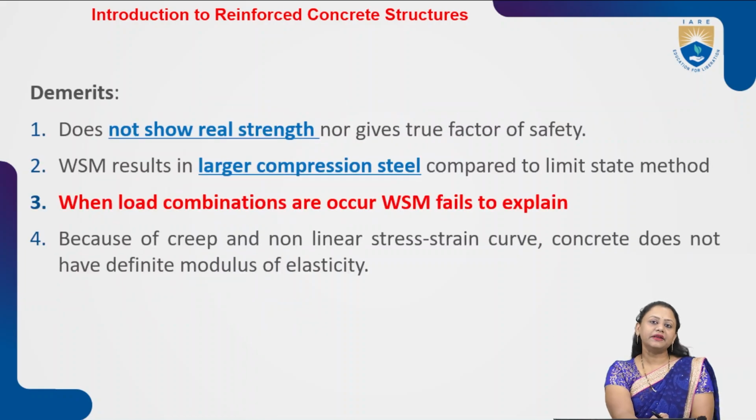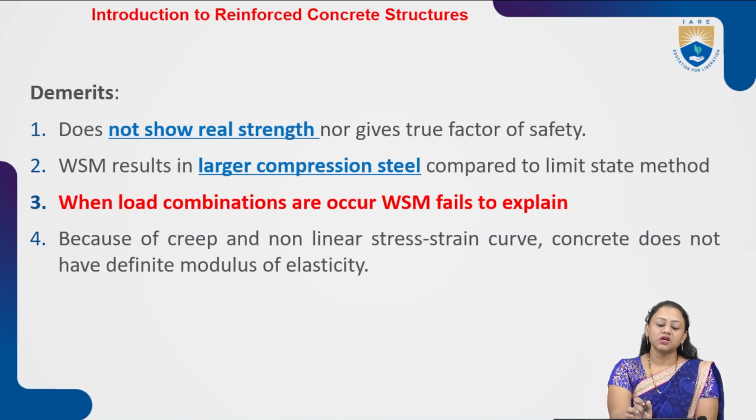So what are the demerits of the working stress method? It does not allow real strength nor give the true factor of safety. It does not show the real strength of the element. The working stress method results in larger compression steel compared to the limit state method, and when load combinations occur, it fails to explain.